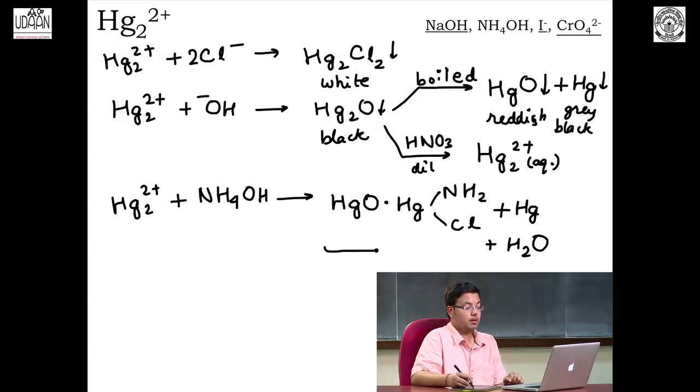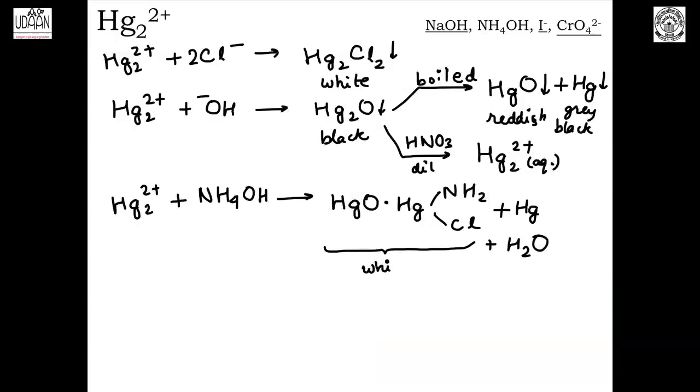This mercuric oxide, mercuric amido chloride is a white precipitate. But since it is also precipitated with mercury, which is grey black, because mercury is deposited in form of fine particles, the overall appearance is of a black precipitate, the total appearance.